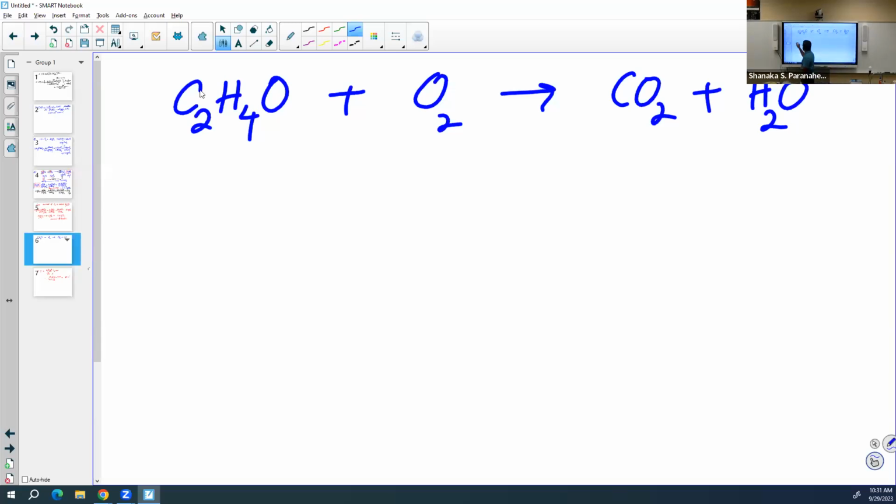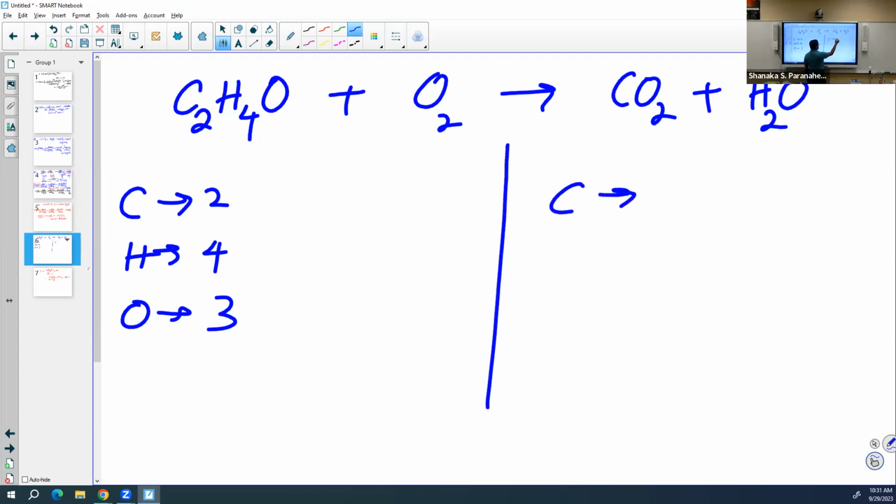The number of carbon is 2, hydrogen 4, and oxygen 1 plus 2 is 3. Product side: carbon 1, hydrogen 2, and oxygen 3.